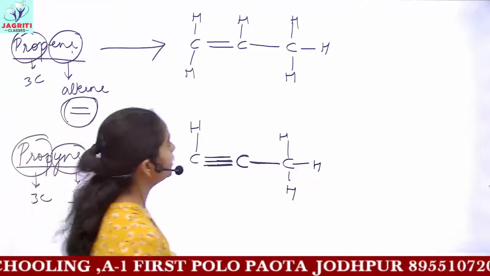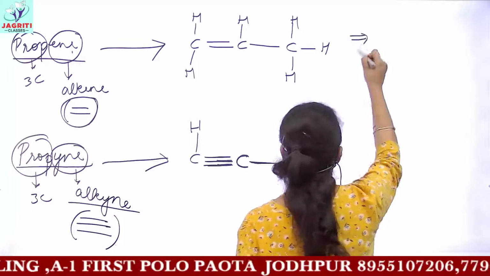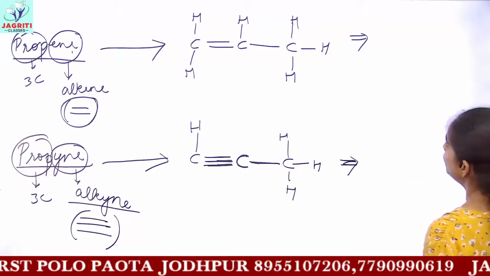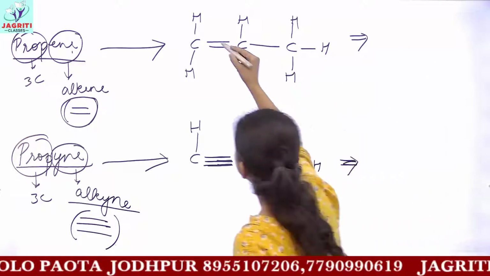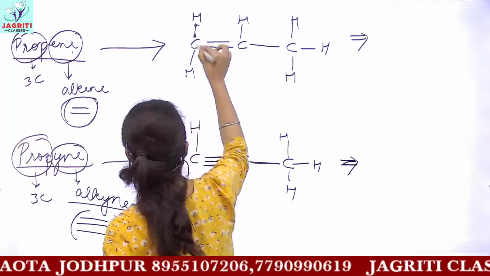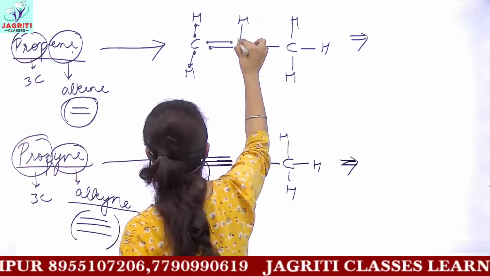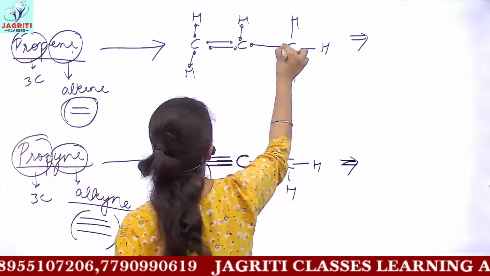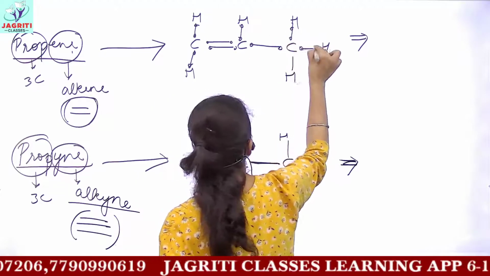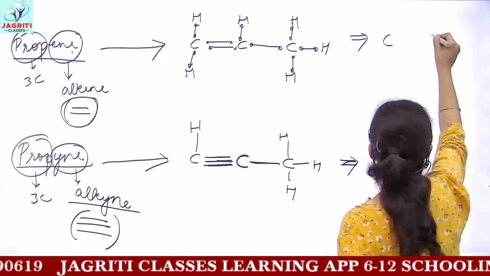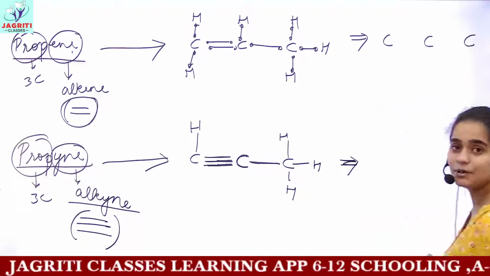And if you try to make the electron dot structure, how would you do so? The electron dot structure would be, I said, draw the dots everywhere. For making an electron dot structure, you denote the valence electrons by putting dots on every bond. So if I put the dots on every bond, what I'll get is this C, C and C. 3 carbons are there.